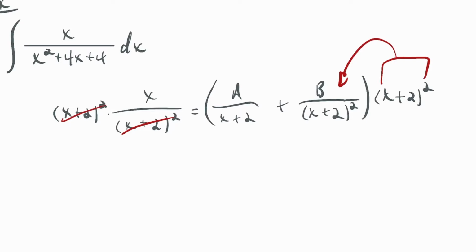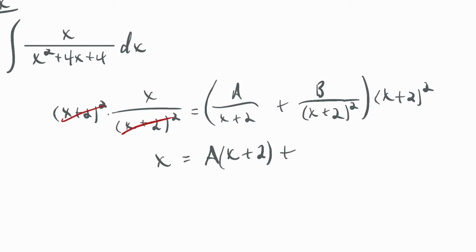The x plus 2 squared on top will cancel with the one on bottom. But the one I distribute over to here, I'll have the x plus 2 squared. One factor will cancel with the x plus 2 on bottom. So I'll have a times x plus 2. So I will get this: x equals a times x plus 2 plus b. Okay?